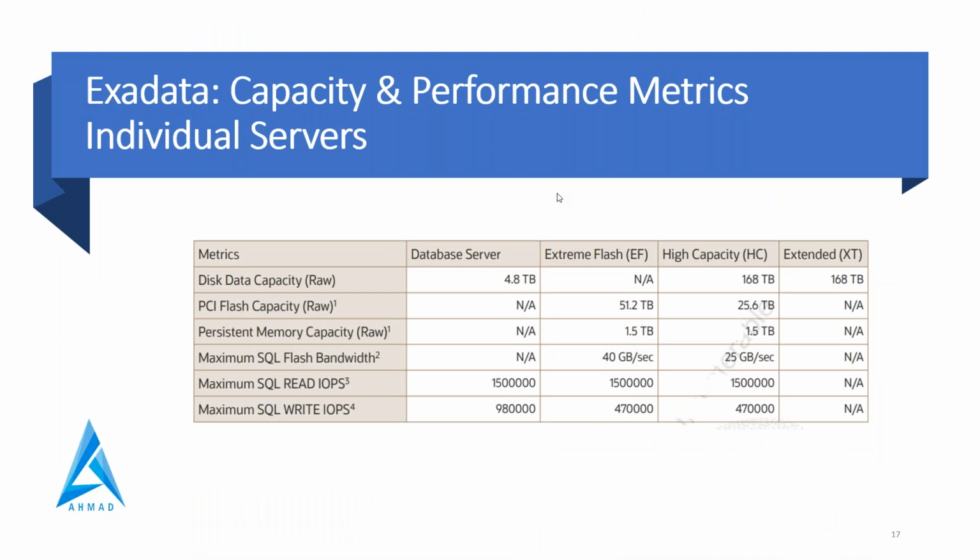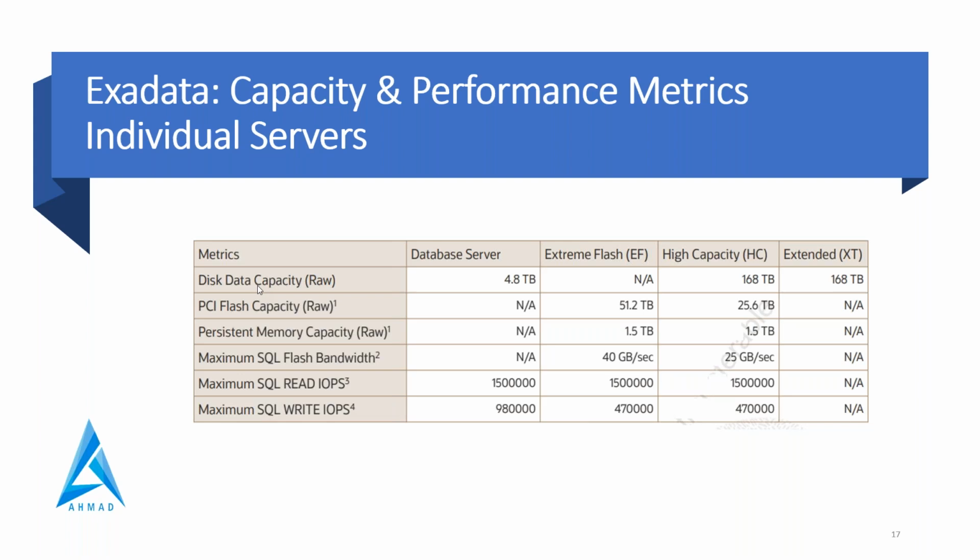Now, capacity and performance metrics in terms of what I have covered till now. You have the database server, the extreme flash server, the high capacity server, and the extended server. These are the differences. Raw capacity is measured in standard disk drive terminology, so 1 GB equals 1 billion bytes, and bandwidth is peak physical scan bandwidth achieved running SQL.